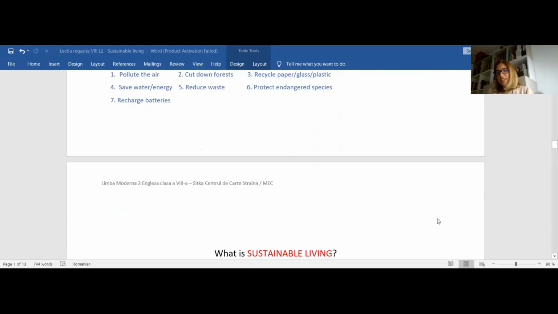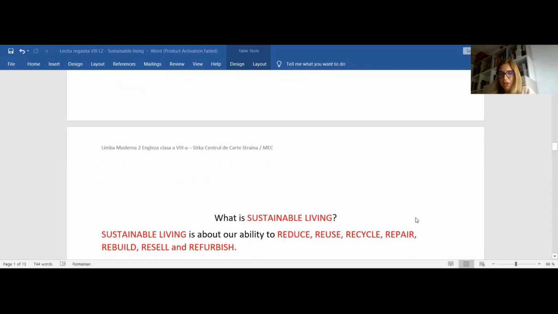Actually, now we can say we better know what sustainable living is. So what is sustainable living? Well, sustainable living is about our ability to reduce, to reuse as much as we can, to recycle, to repair, to rebuild, to resell, and refurbish.